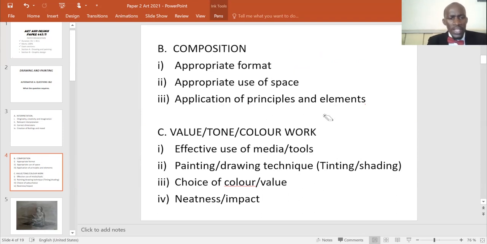Now, value, tone, and color form part of the elements of art and design in a composition.